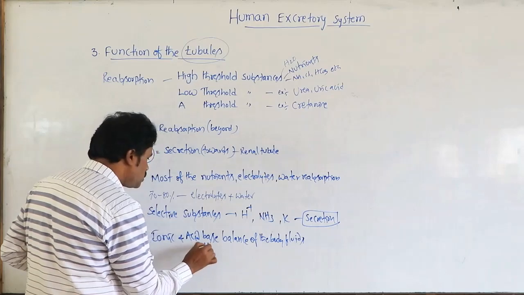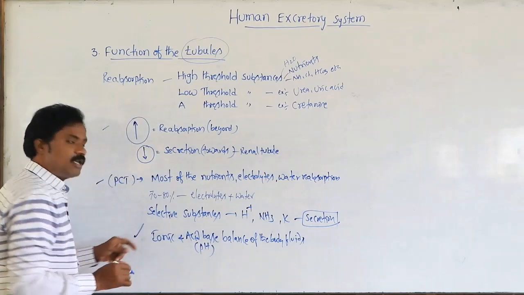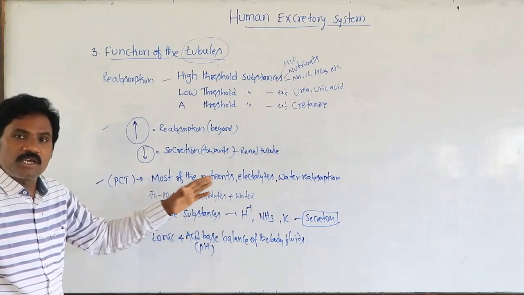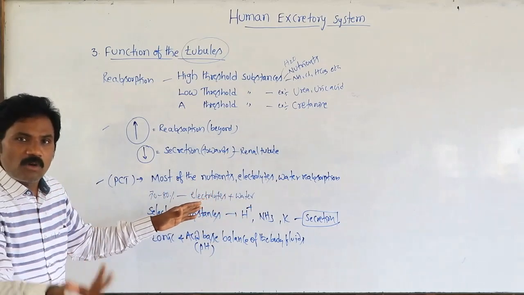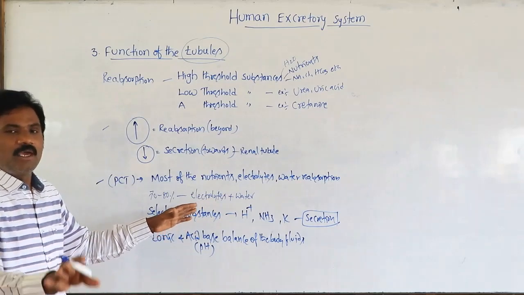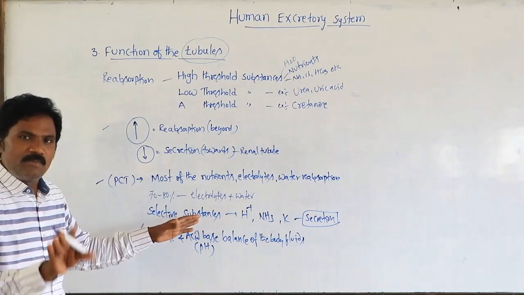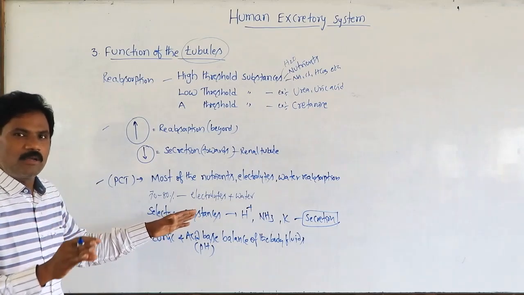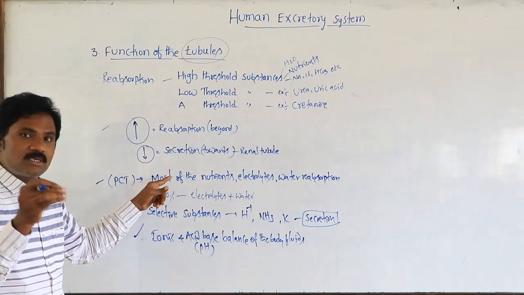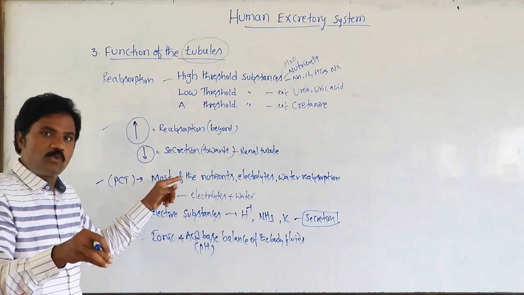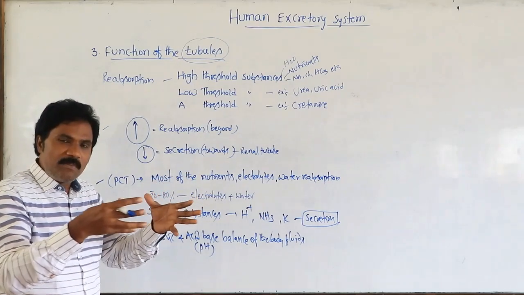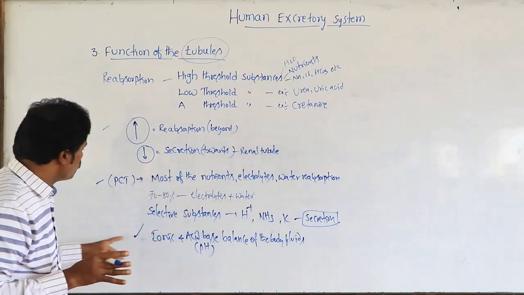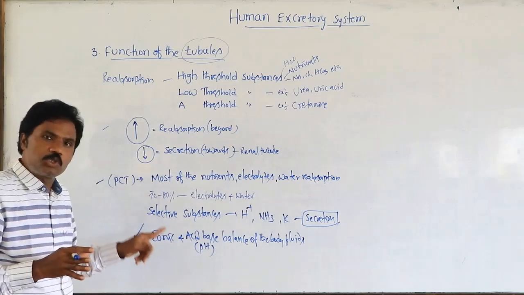That means both ionic as well as pH balance of the body fluids is maintained, whenever substances are eliminated from our body in the form of urine. Secretion means it is eliminated along with the renal tubule and leaves our body. Reabsorption means whatever substances are useful in our body are regained, reabsorbed inside our body. That is in the proximal convoluted tubule.